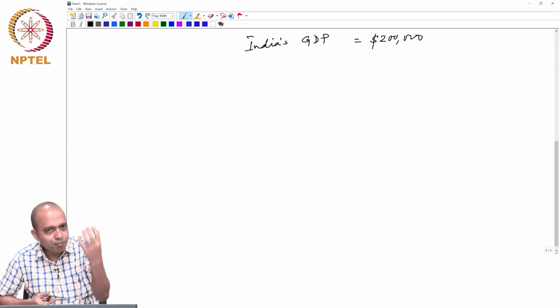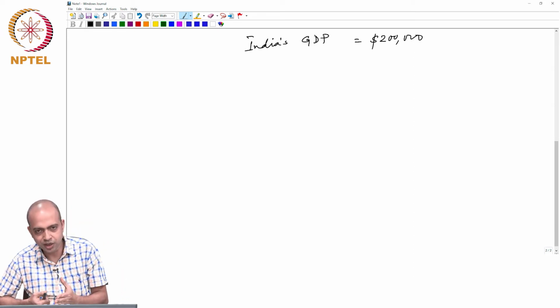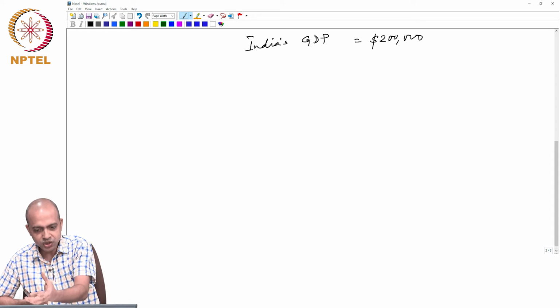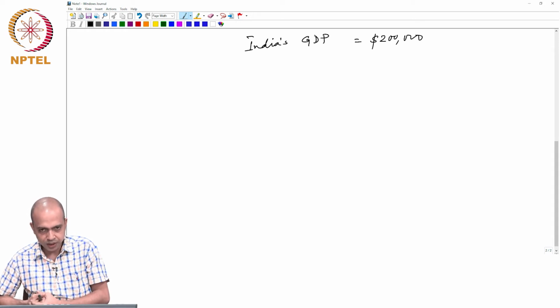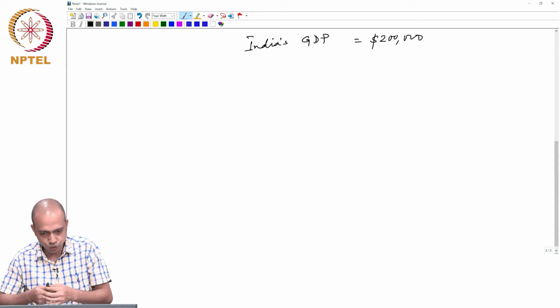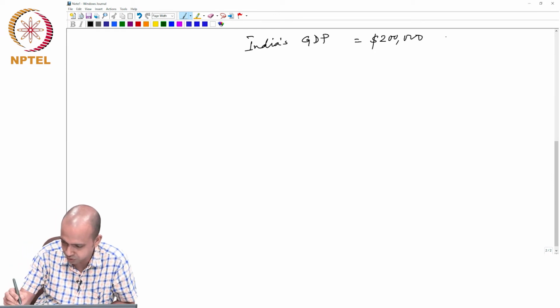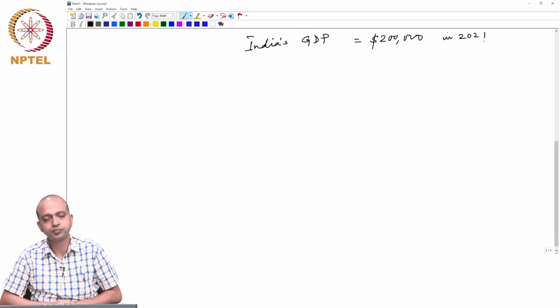Applying the Hicksian definition of income, we can say that this is the maximum India should be able to consume. Let us say this is India's GDP in 2021.